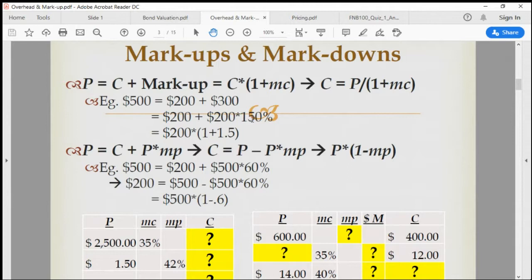In this case, 150% is 150% of $200, the cost. The markup rate based on cost. Okay, makes sense. And then we can express cost as price over 1 plus markup rate based on cost, isn't it right?